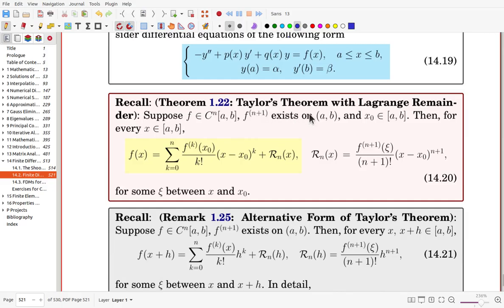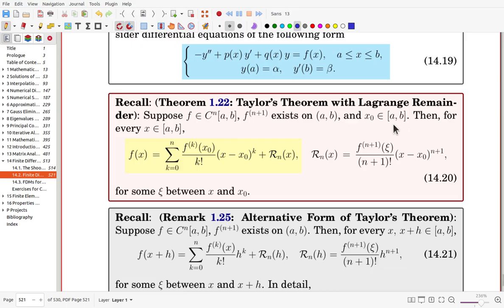This is the Taylor theorem with Lagrange remainder. f is in C^n, which means that the derivatives up to the nth derivative are continuous, and f^(n+1) exists, meaning the (n+1)th derivative exists over the interval, and a point is inside the interval.